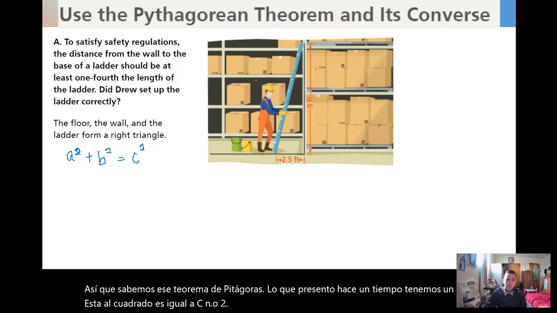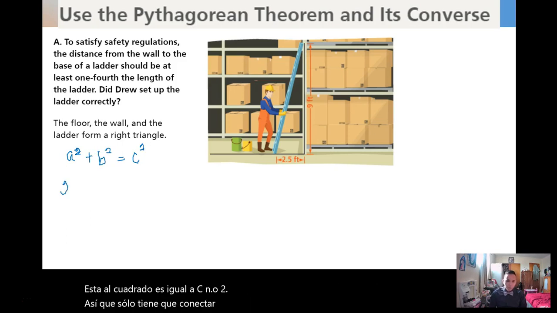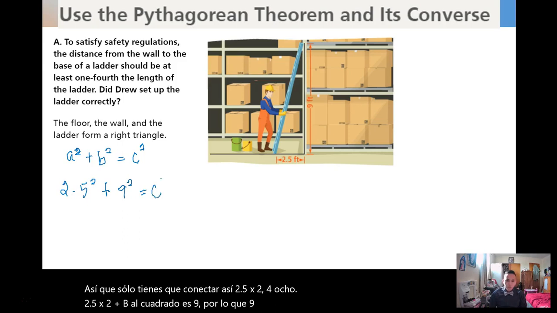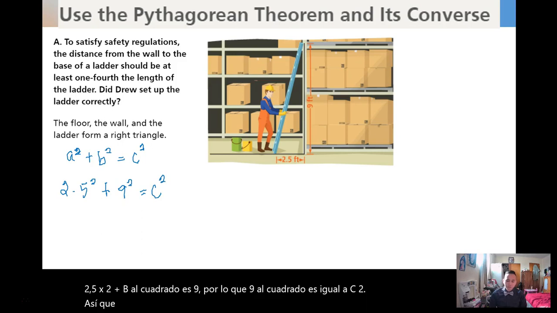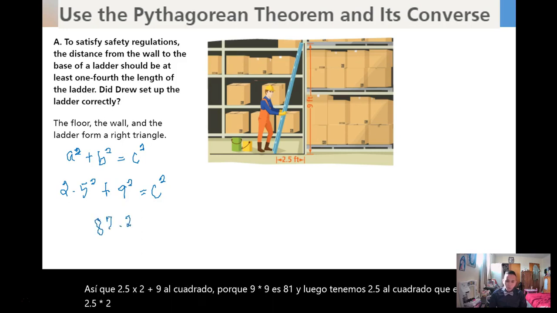So you just plug in: 2.5 squared plus 9 squared is equal to c squared. Because 9 times 9 is 81, and 2.5 times 2.5 gives us 6.25, the sum is 87.25, which is equal to c squared.